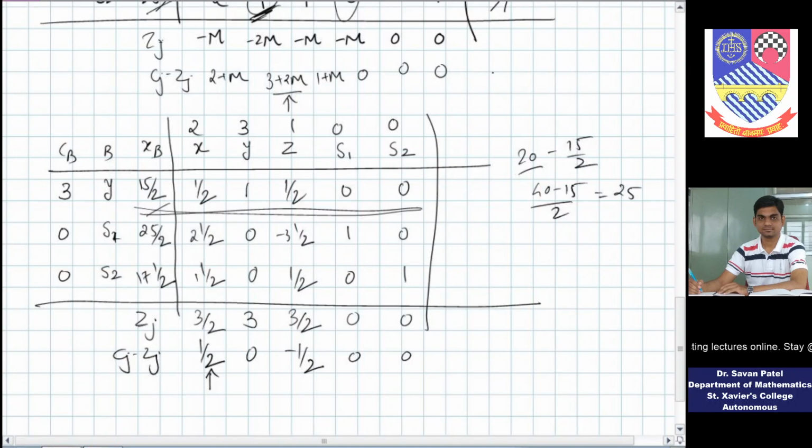So for the replacement ratio we have to take the ratio of 15 by 2 and 1 by 2. Then 25 by 2 and this is 5 by 2. Then 35 by 2 and 3 by 2.